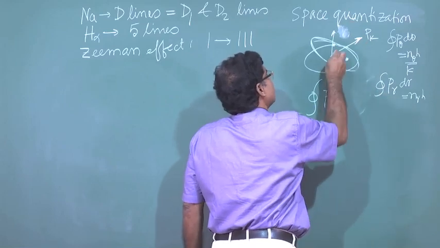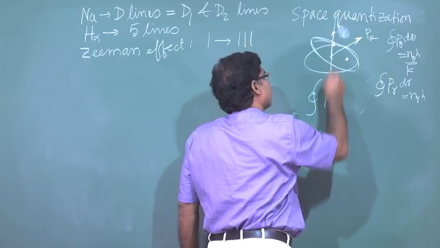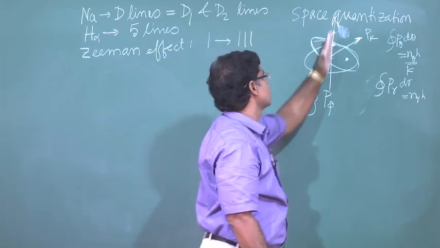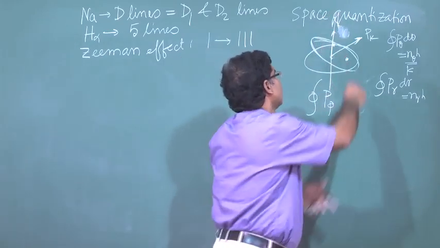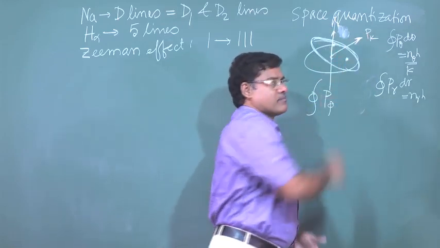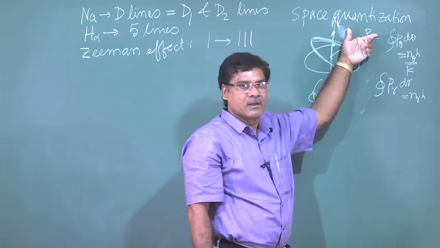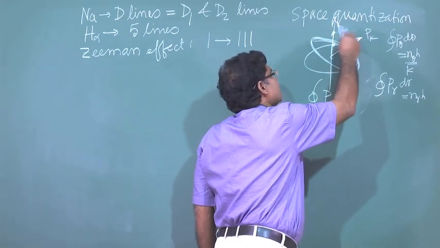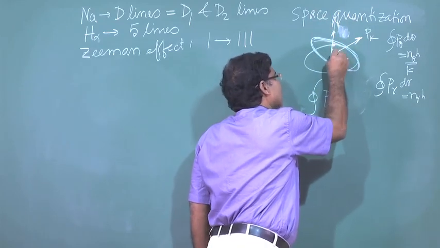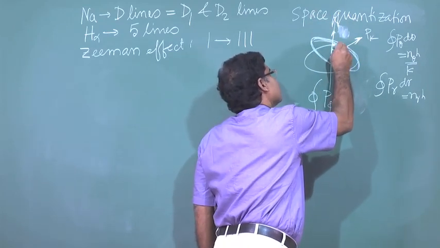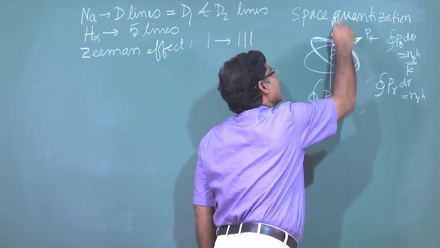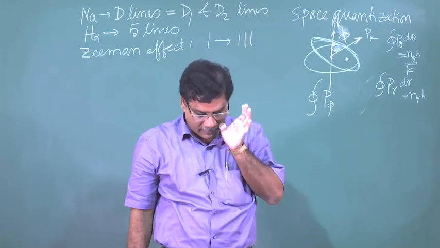If you consider a reference direction in space, and the direction of the angular momentum pk is this direction, then the angle between this reference direction and this angular momentum direction is phi.